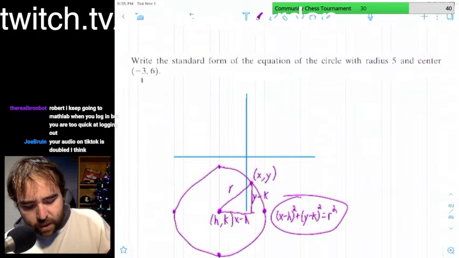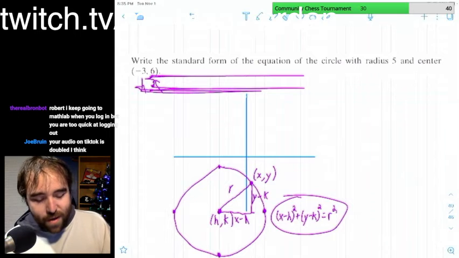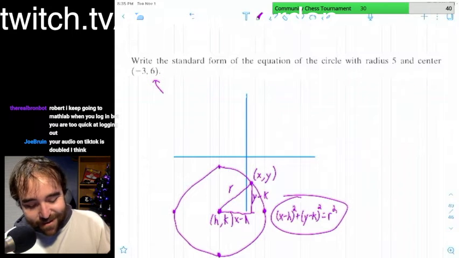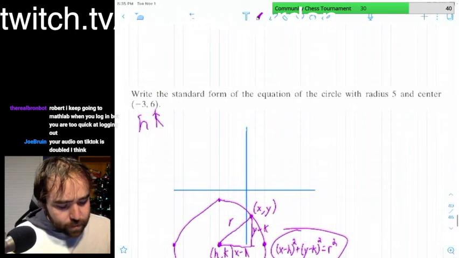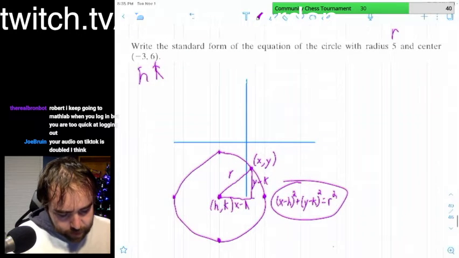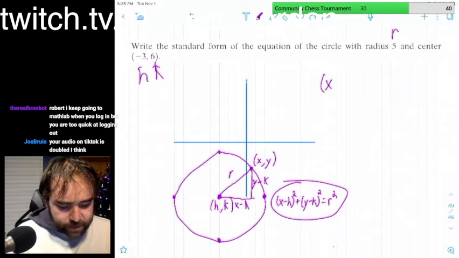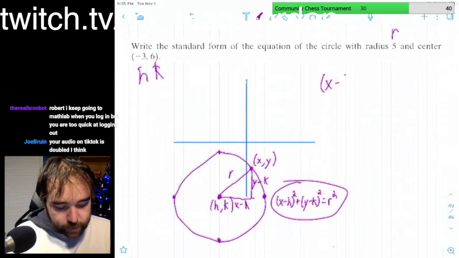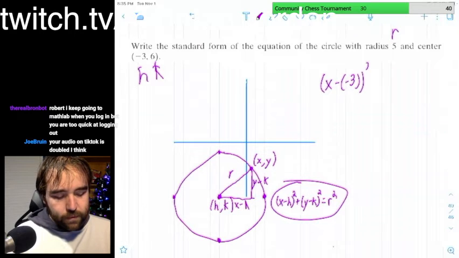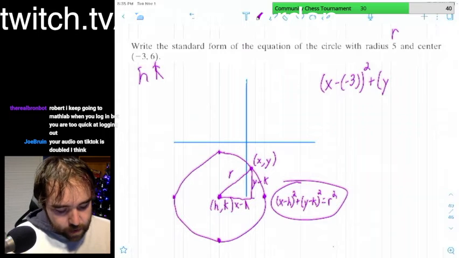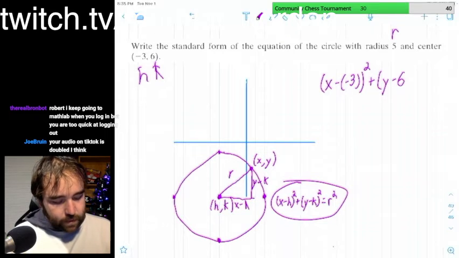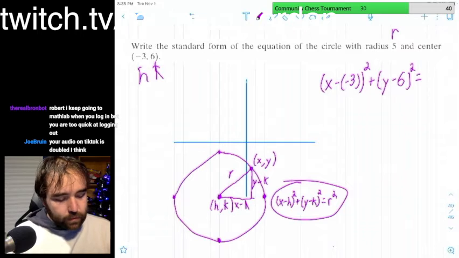You see, this is our h and our k. This is our h and our k right here in the center. And then we have our radius of 5. So when we plug these in, I'll just do it right as is. x minus -3 squared plus y minus 6 squared equals 5 squared.